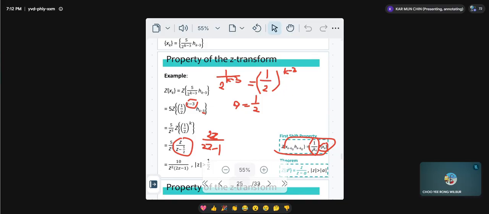Then multiply by 5 and divide by Z cubed. Simplifying, you get 10 over Z squared times (2Z minus 1). In this case, a equals 1 over 2, so Z is more than a, so Z is more than 1 over 2.